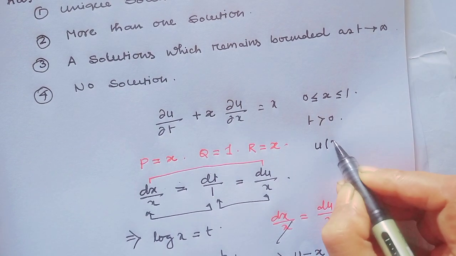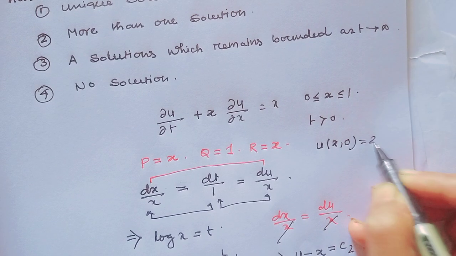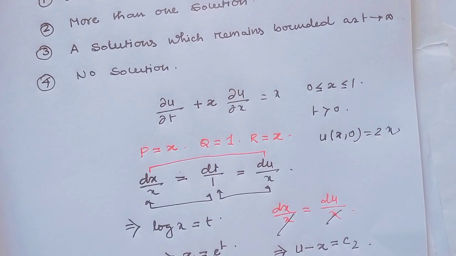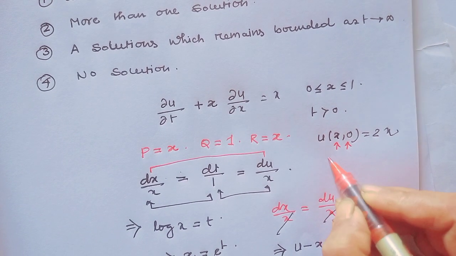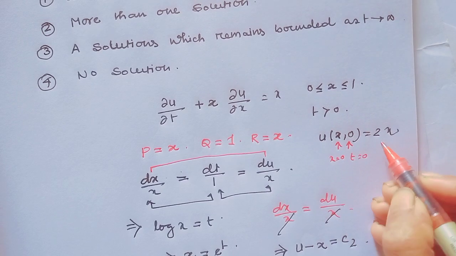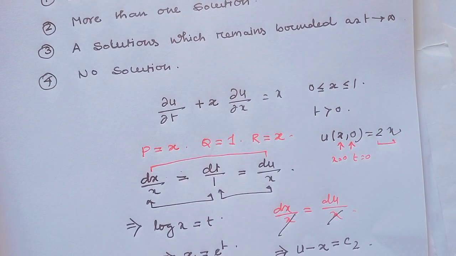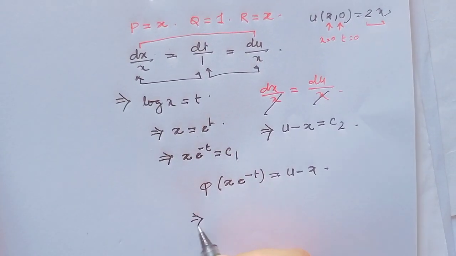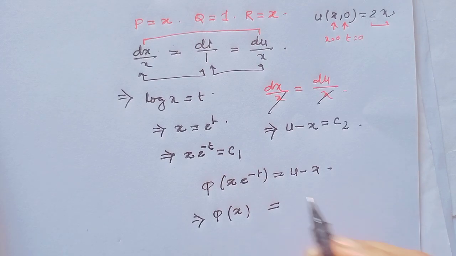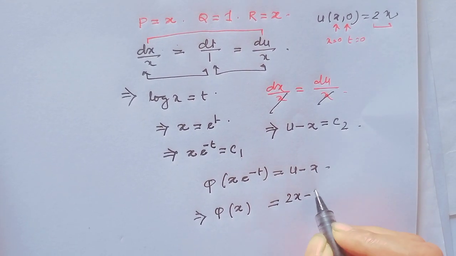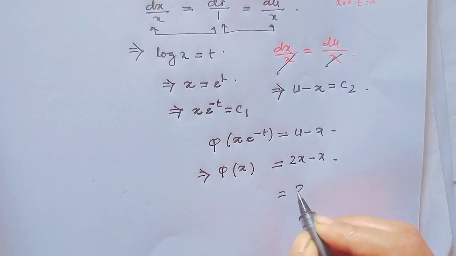Here the initial condition is u(x, 0) equal to 2x, and given this is x and this is t. Here x equal to x and t equal to 0 and u equal to 2x. That implies phi of x equal to 2x minus x, that implies x.